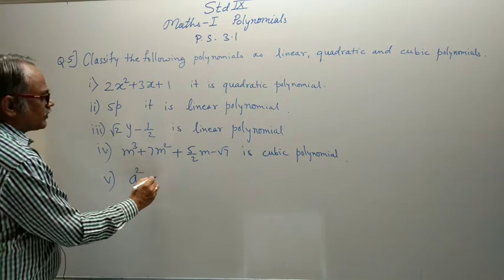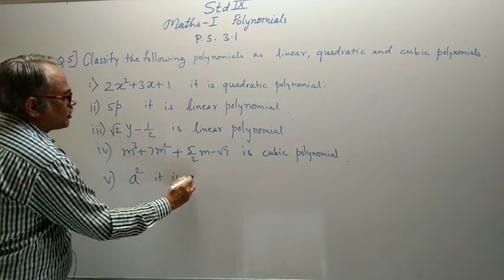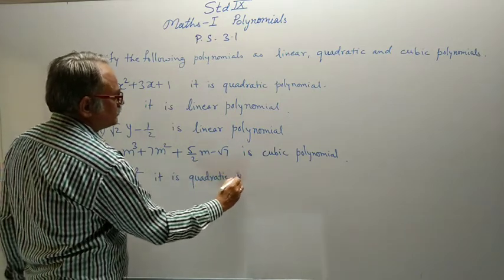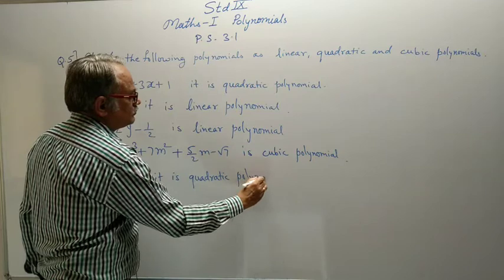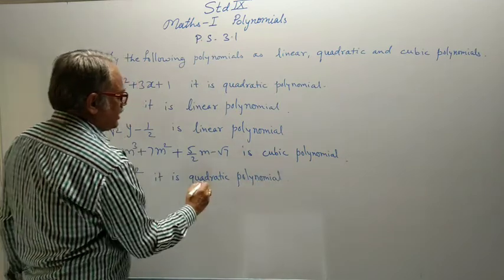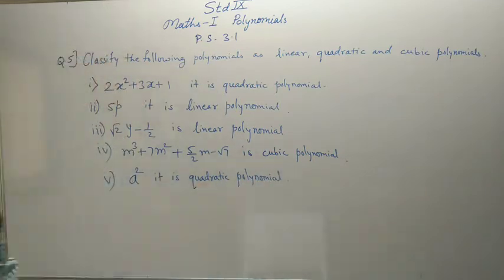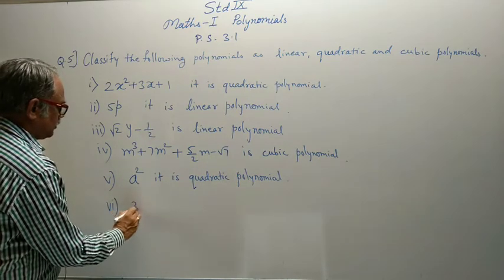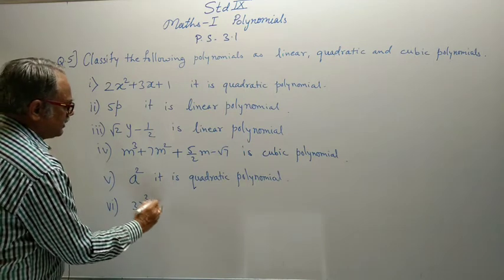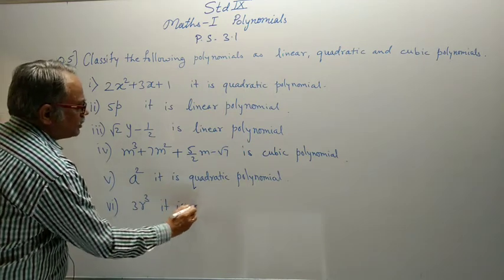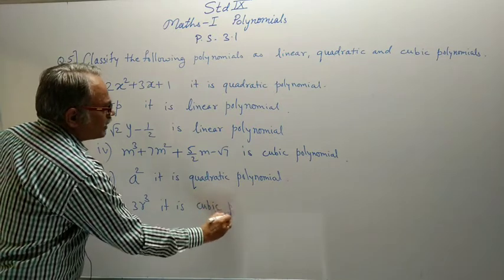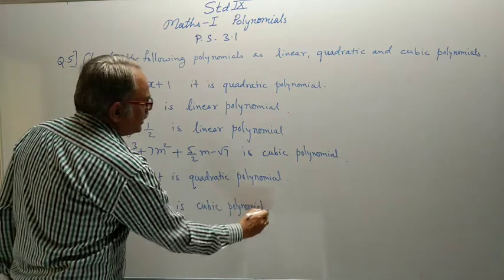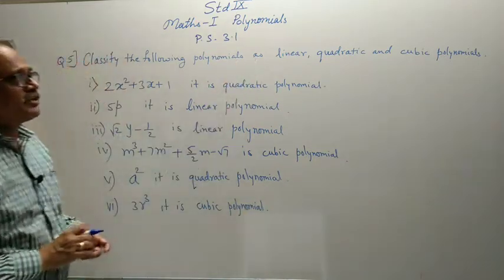Degree is 2. It is quadratic polynomial. And last, a cube. Degree is 3. Index is 3. It is cubic polynomial.